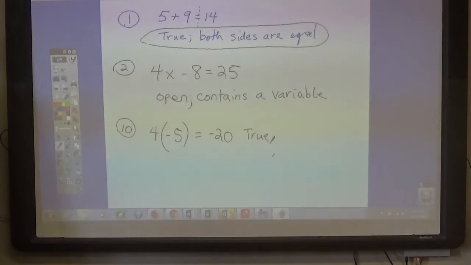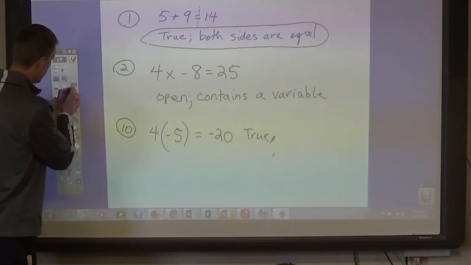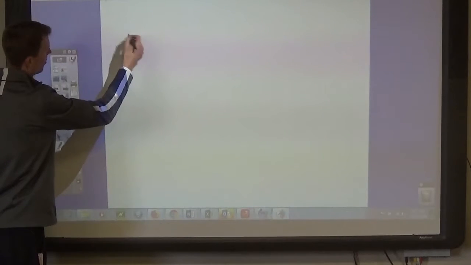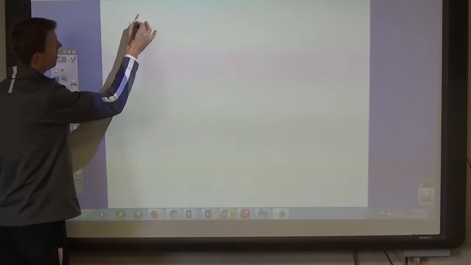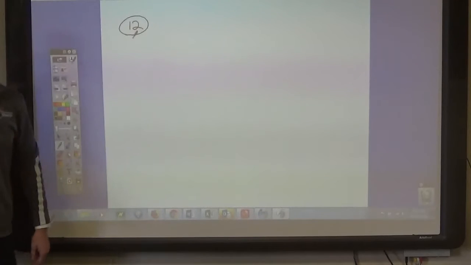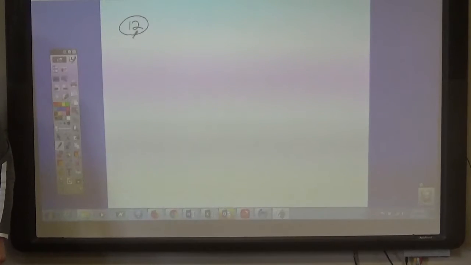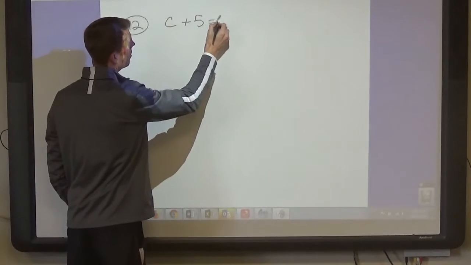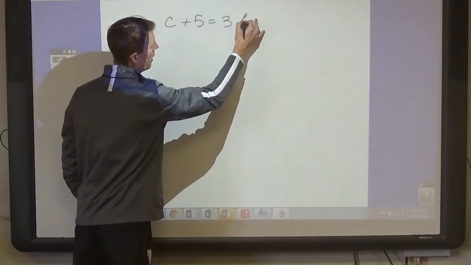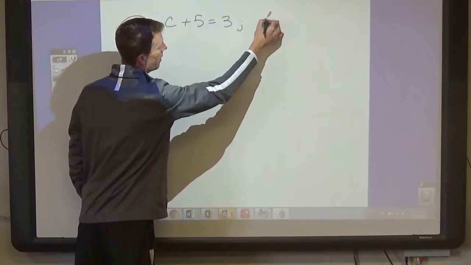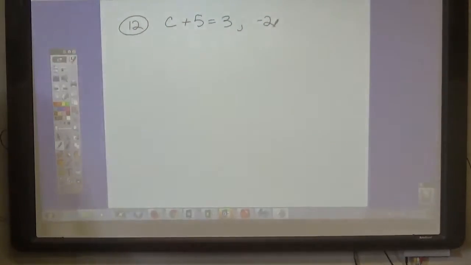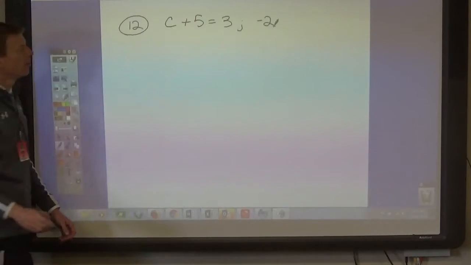Number 12. Come on, computer. There we go. Number 12 says C plus 5 equals 3, semicolon, negative 2. And what that means, if you look back in the directions, it says, is the given number a solution to the equation? Okay?